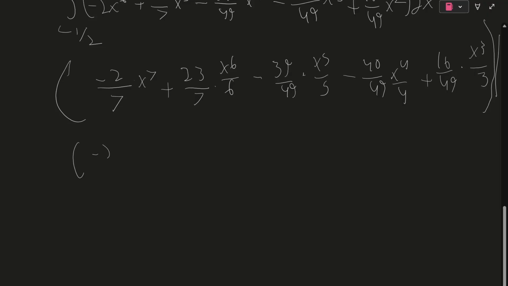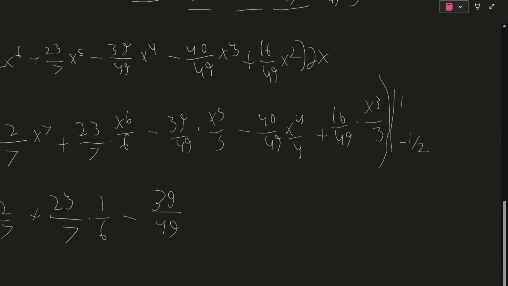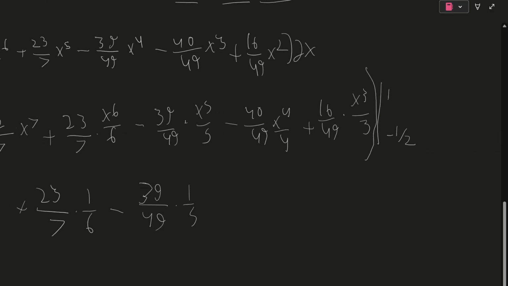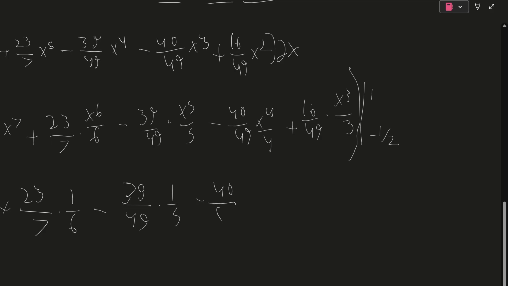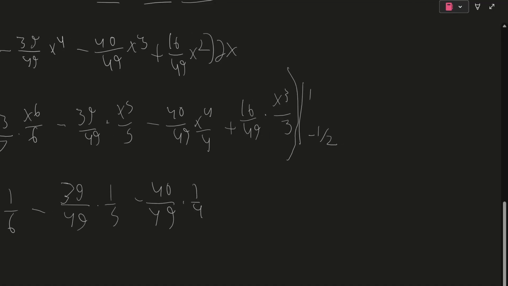So we have negative 2/7 plus 23 over 7 times 1/6 minus 39 over 49 times 1/5 minus 40 over 49 times 1/4 plus 16 over 49 times 1/3.